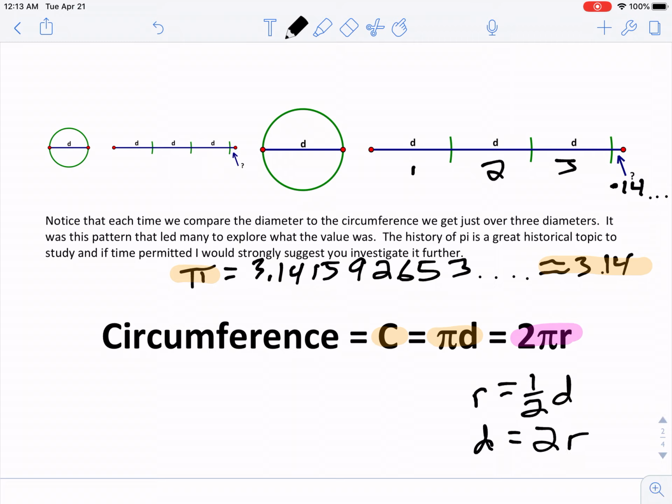So 2r is the same as d, so pi times d is the same as 2 times pi times r. Both of those will give you your circumference. The one you want to use depends on, do we know the radius? Do we know the diameter?